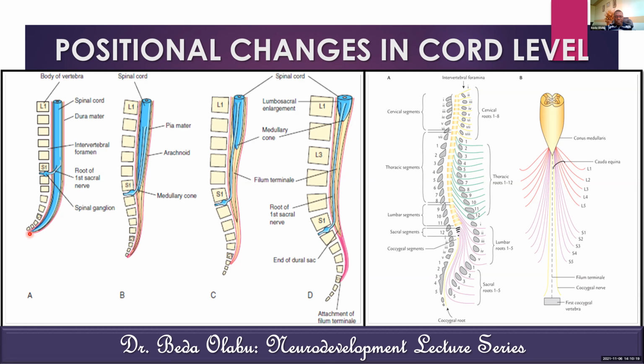Now, from there, the rate of growth of the spinal cord is different from the rate of growth of the spine itself, the vertebral column.